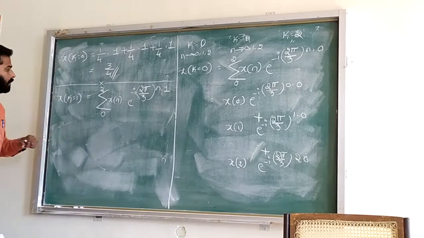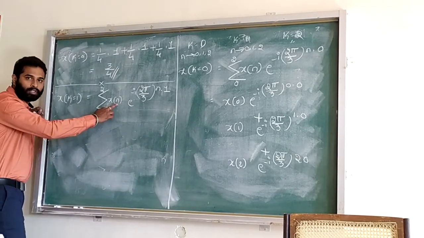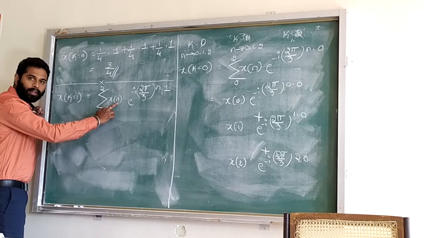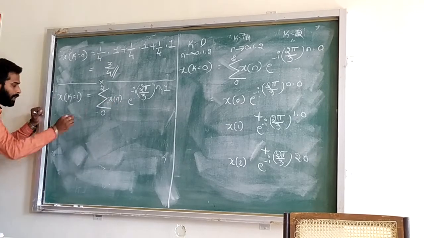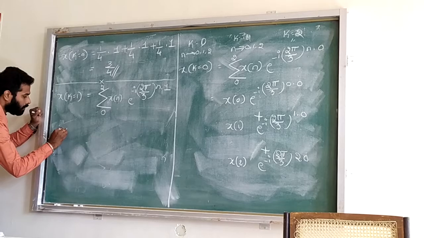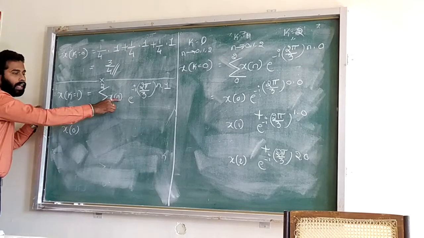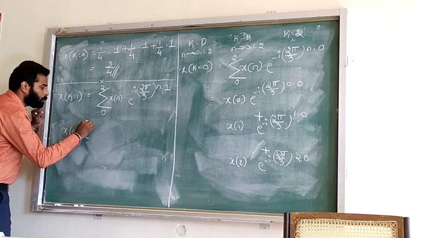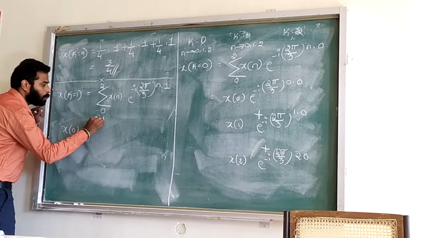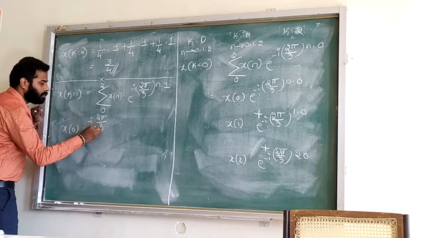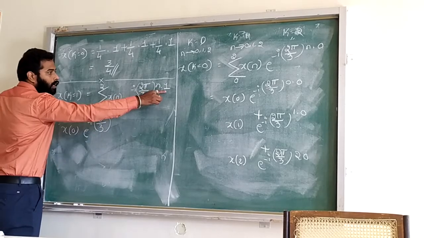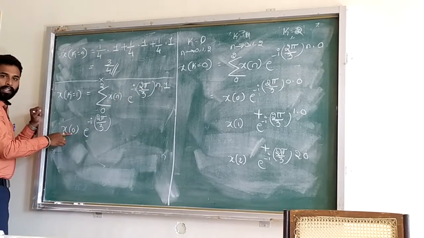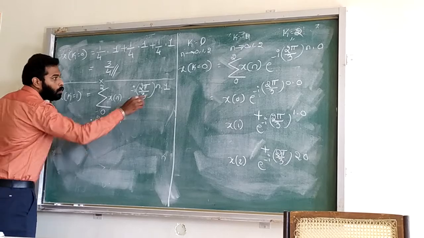We'll expand this. In place of n we'll put 0, then 1, then 2. So first, n is equal to 0: x of 0 e raised to minus I 2 pi divided by capital N into n into k, where n is 0 and k is 1, so 0 into 1.